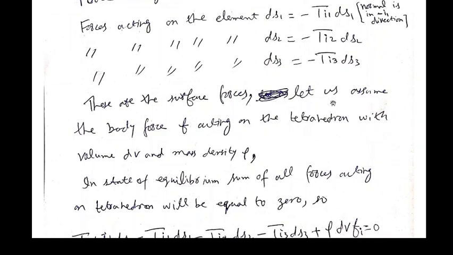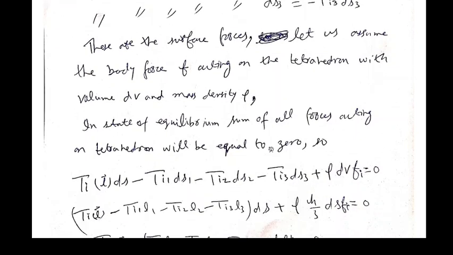Now we will go for the body force, because the tetrahedron also has the volume dV with mass density rho. Now this F denotes the density of that body force acting on the tetrahedron with volume dV and mass density rho. So the state of equilibrium says that the sum of all the forces acting on the tetrahedron must be equal to 0.